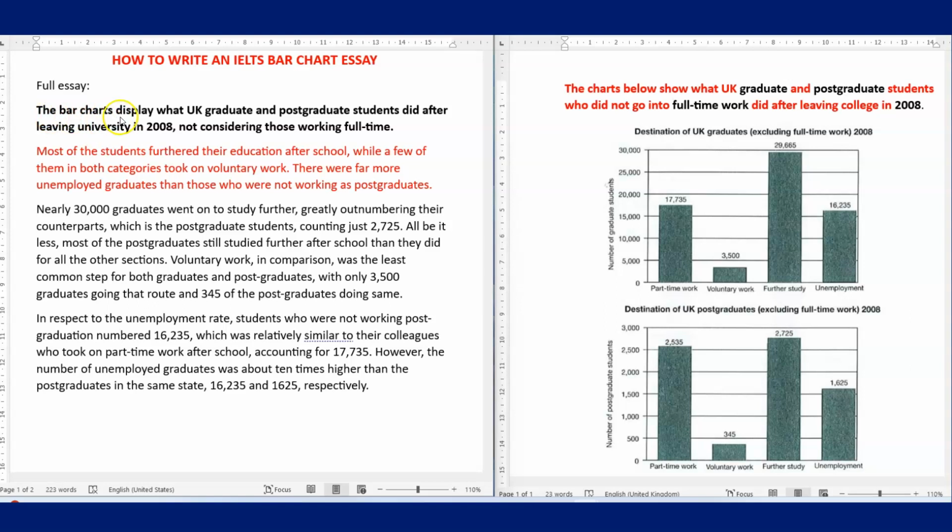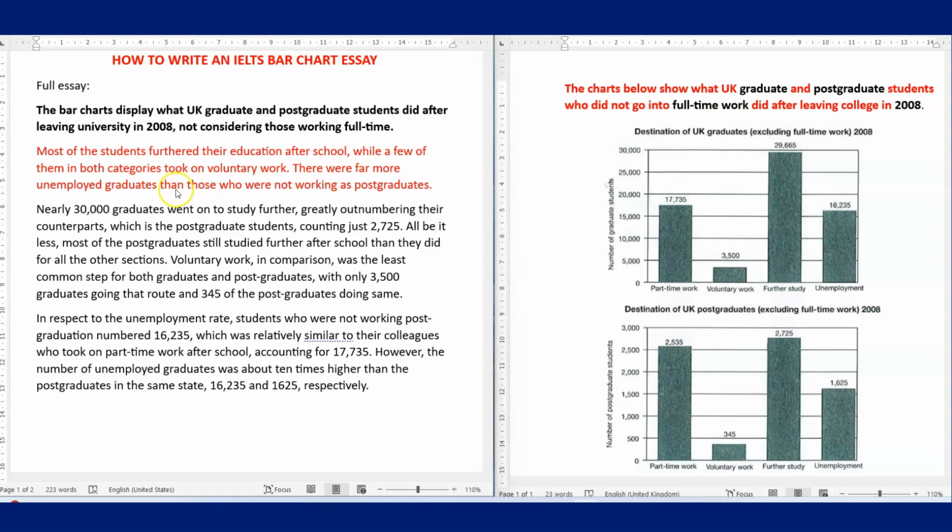The bar chart displays what UK graduate and postgraduate students did after leaving university in 2008, not considering those working full-time. Most of the students furthered their education after school, while a few of them in both categories took on voluntary work.